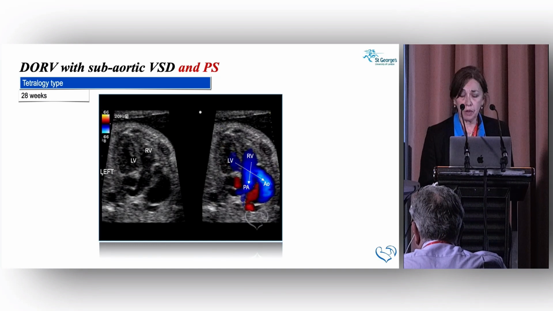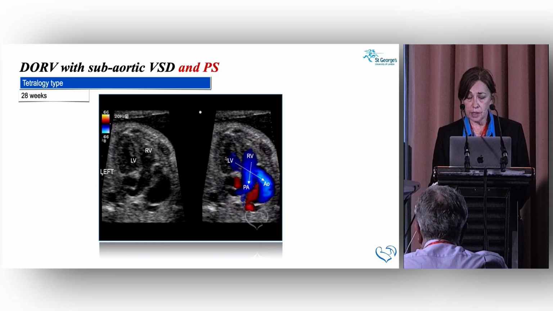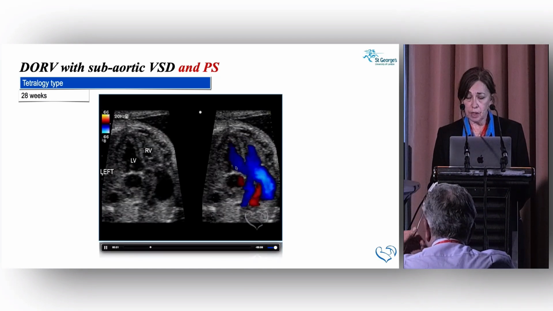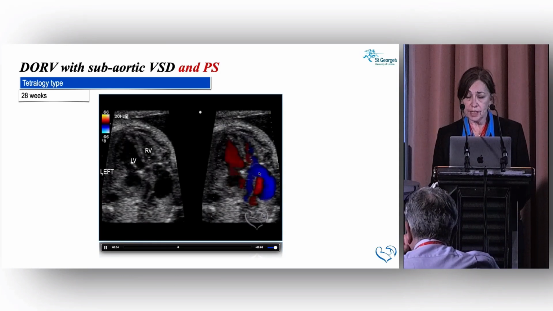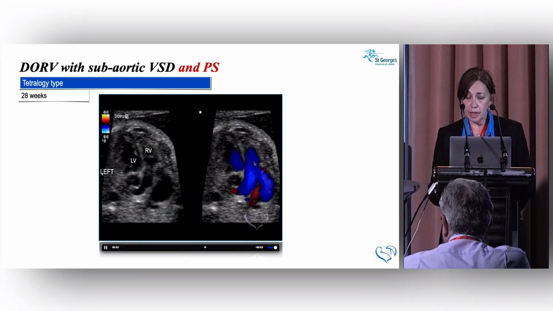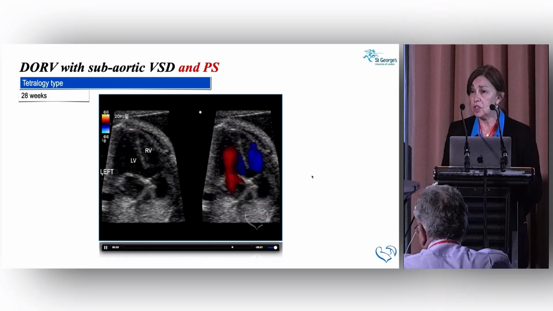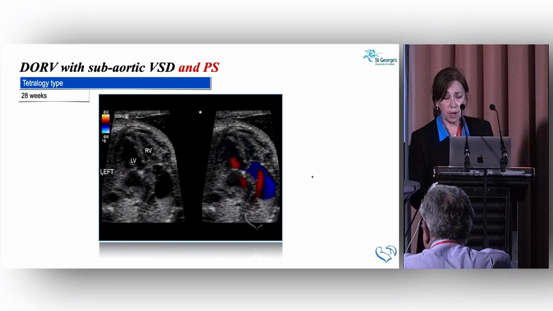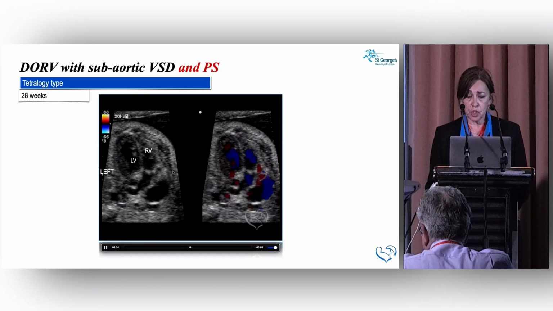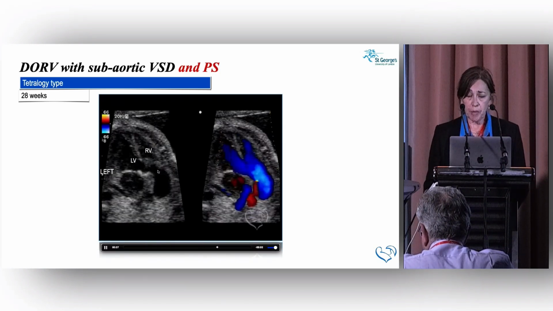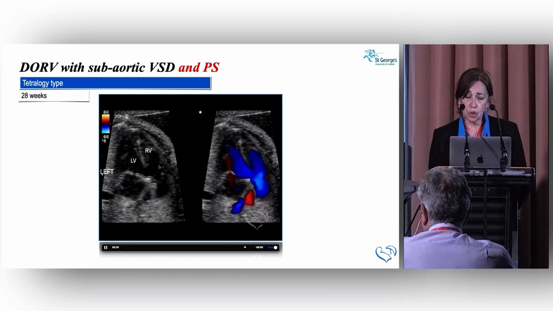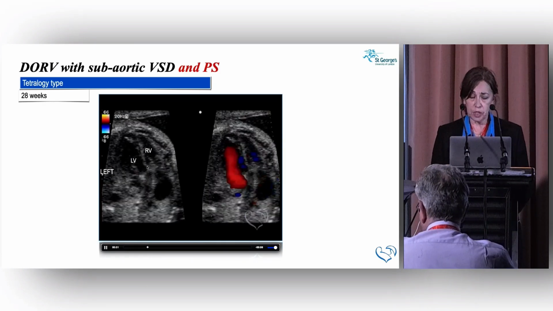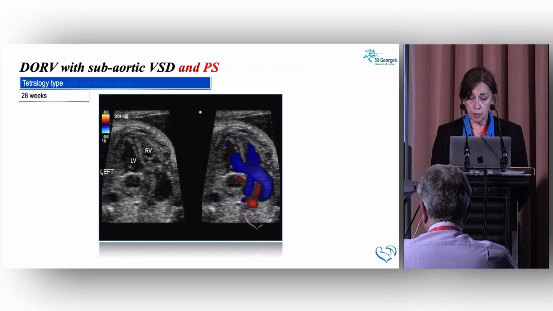If we look at the color flow, you can see why it's subaortic, left ventricle, flow goes through the VSD into the aorta, and that's our pulmonary outflow tract. So this is tetralogy type physiology, but with the anatomy of the double outlet right ventricle. It's much harder in terms of patching this, because the patch is much longer when you close that VSD postnatally, or the surgeon does.